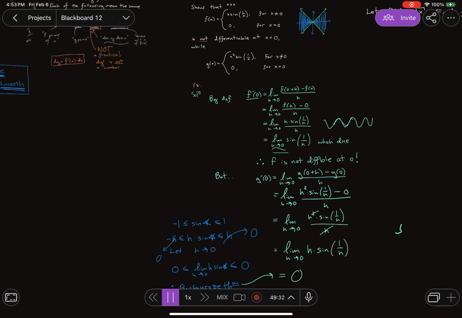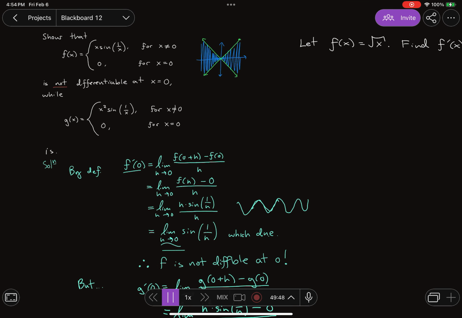Sine never settles down. And then if we just multiply by this extra x right here, we show that this function g does have a derivative at 0, and that derivative is 0. Powerful.